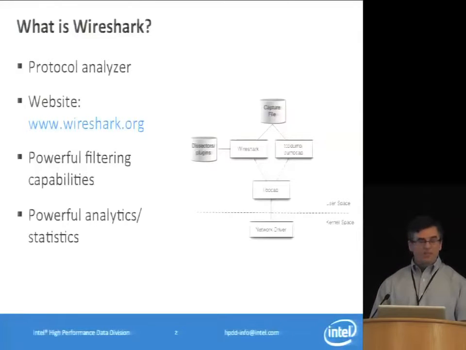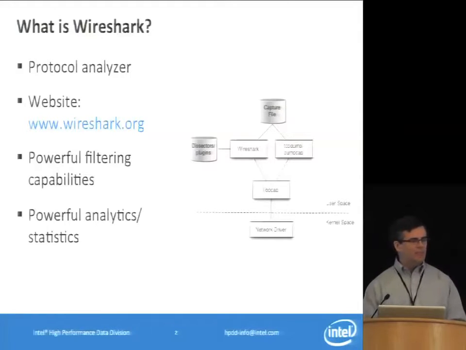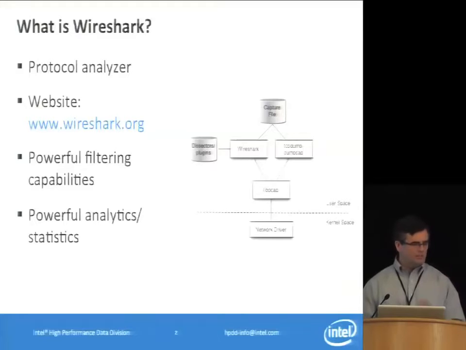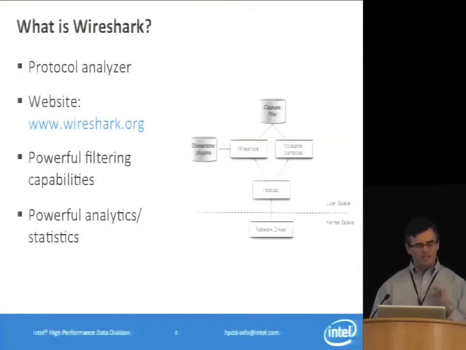It allows you to save them in a format called PCAP, which is a binary packet capture format. It allows you to filter on these captured packets to look at the protocol headers and isolate just the ones that you're interested in. It also gives you some ability to do some statistical analysis over the set of packets that you've captured.